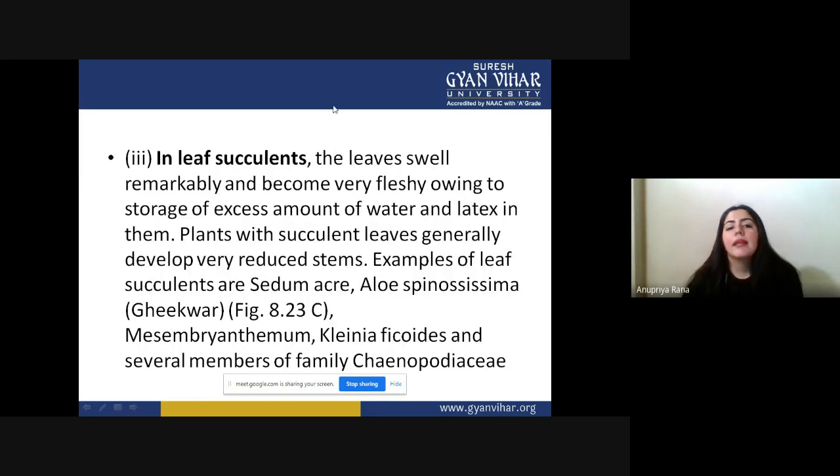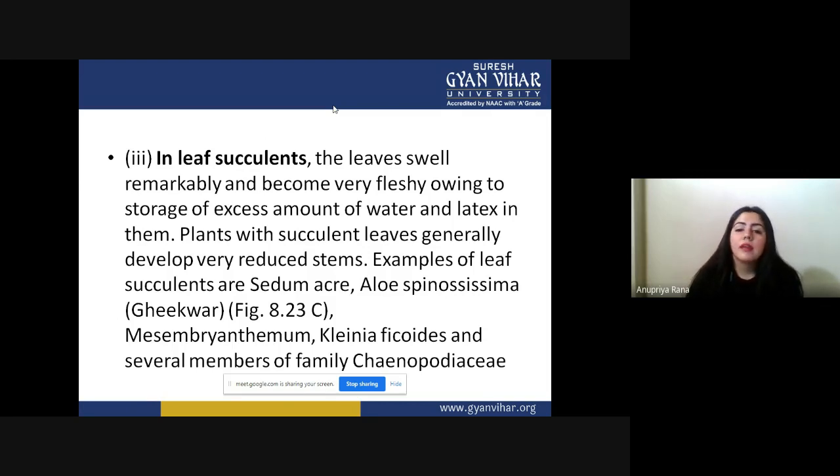What happens in leaf succulents? Succulents are plants with remarkable swelling from water. The leaves swell remarkably and become very fleshy owing to the storage of an excess amount of water and latex in them. In the succulent plant, the leaf becomes fleshy. Phylloclades have a fleshy stem, but in leaf succulents, the leaves store the water inside them.